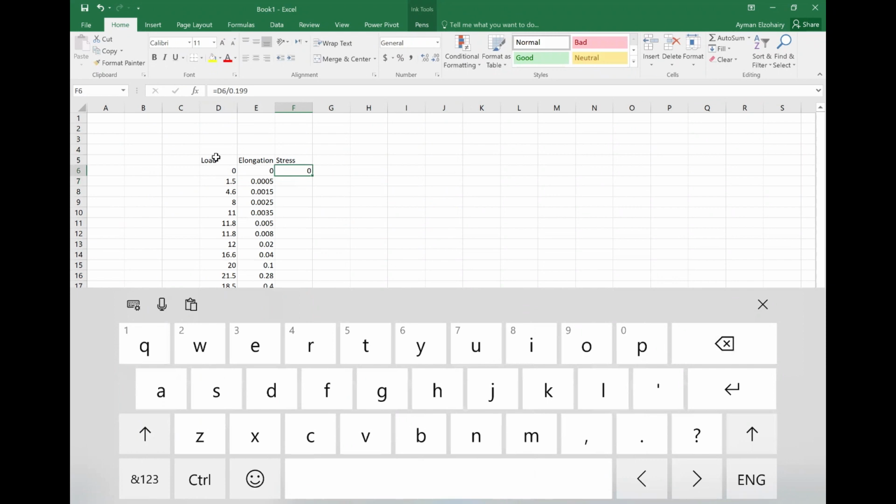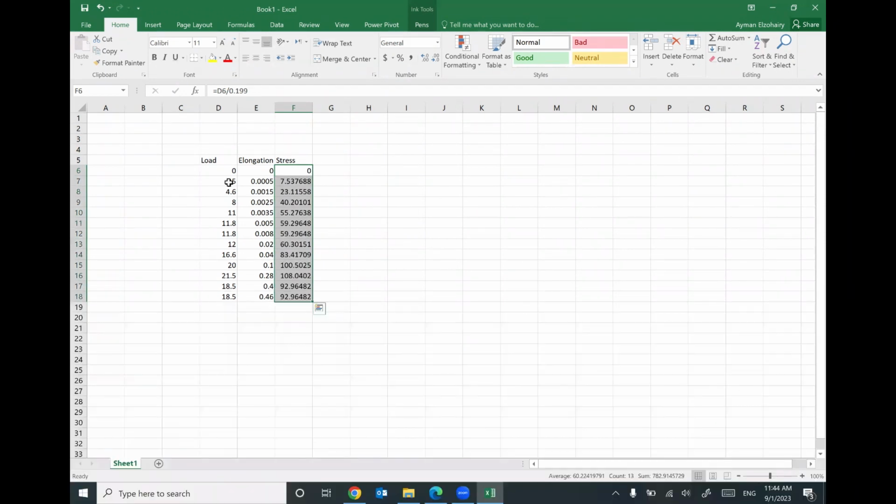So 0 divided by 0.199 equals 0. If you double click here, you can repeat this formula. This number divided by 0.199 gives you this number, and so on.